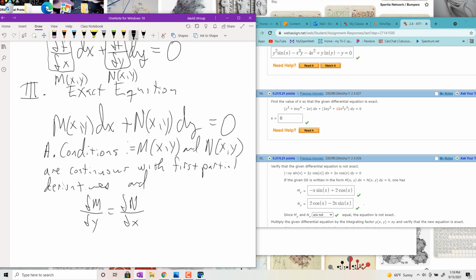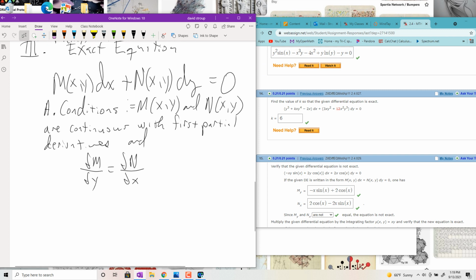If you took Calc 3, you already dealt with this. It comes up in the fundamental theorem for line integrals. It's the criteria for the mixed partials to be equal.